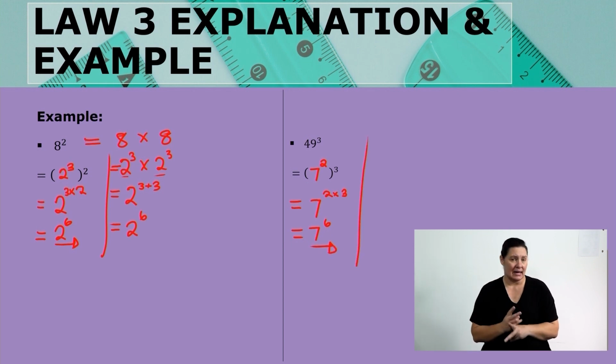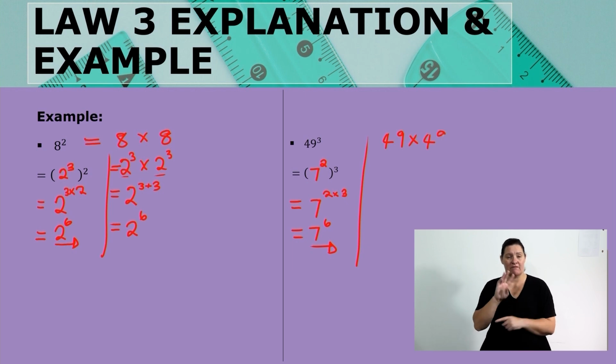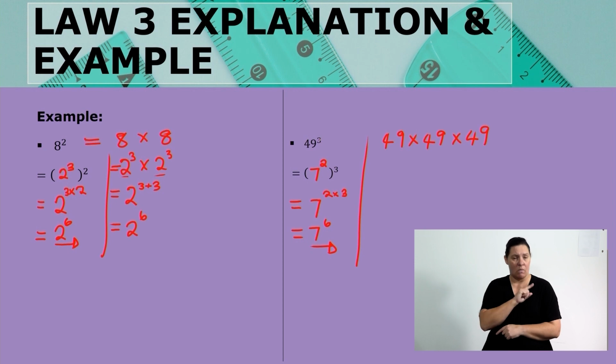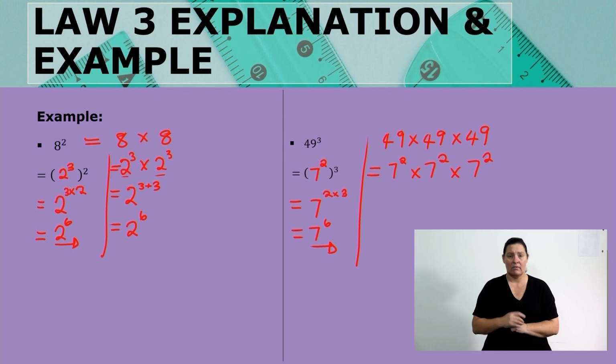But again, if we are going to say 49 multiplied by 49 multiplied by 49, that can be 7 squared multiplied by 7 squared multiplied by 7 squared. And if we are using law number 1, then we can just say this is 7 with exponent 2 plus 2 plus 2, which again gives us an answer of 7 to the exponent 6.